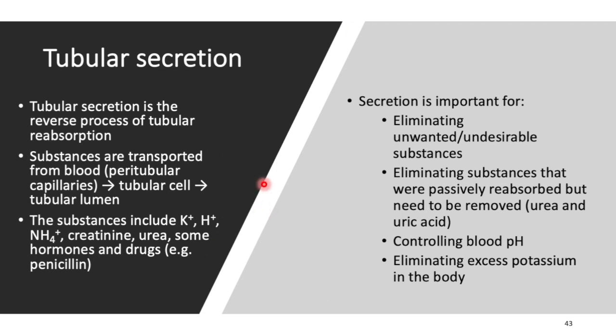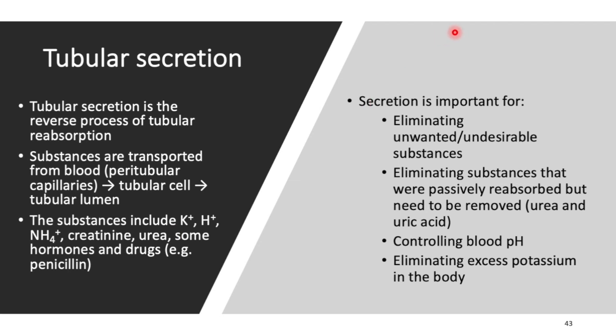So that was reabsorption. A little bit on tubular secretion. It is the reverse process of tubular reabsorption, meaning the substances are transported from blood, which is from the peritubular capillaries, into the tubular cells and into the tubular lumen. The substances that are secreted include potassium, hydrogen, ammonium, creatinine, urea, and some hormones and drugs, for example, penicillin.